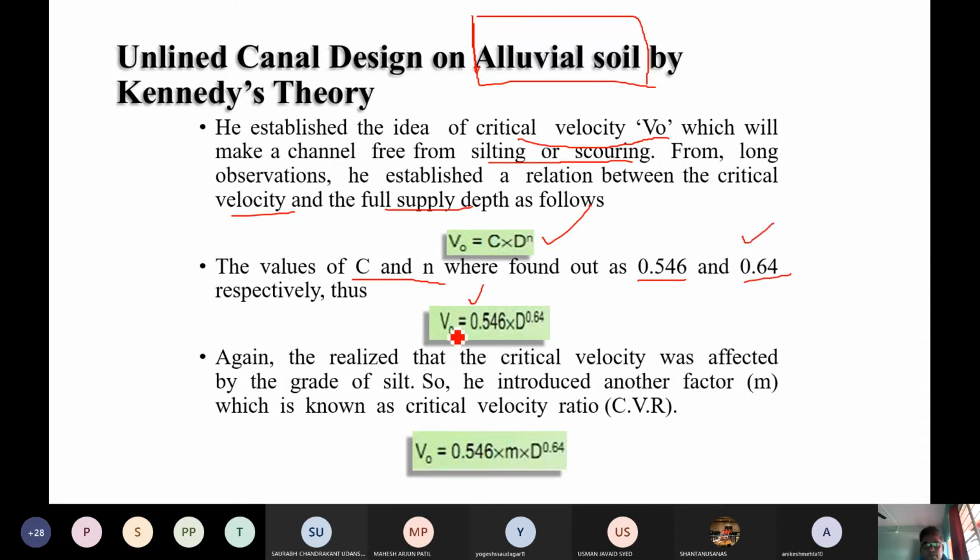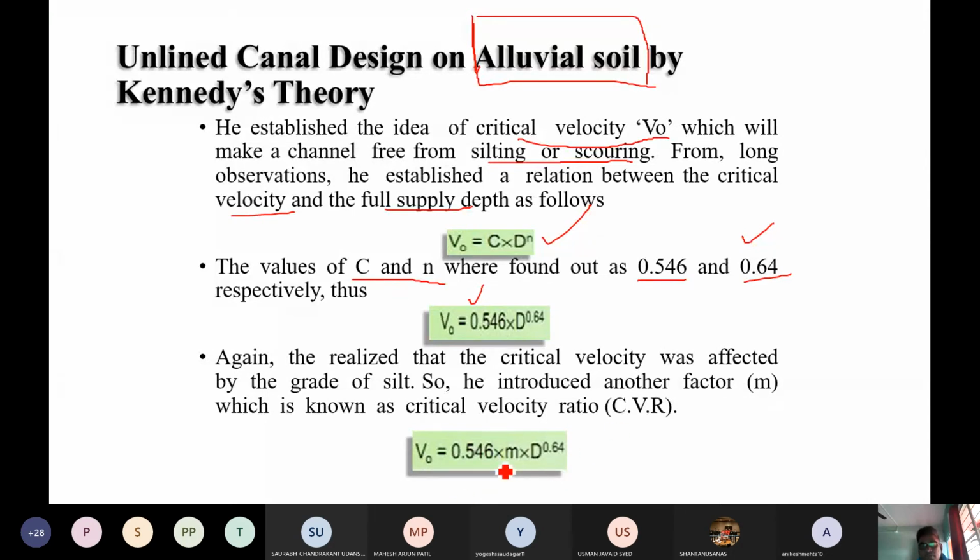Therefore, remember this equation: V0 is equal to 0.546 into D raised to 0.64. And after consideration of the critical velocity ratio, since the critical velocity is affected by the grade of the silt, the critical velocity ratio is considered and multiplied into this equation.